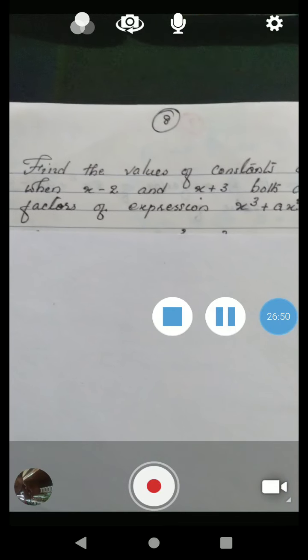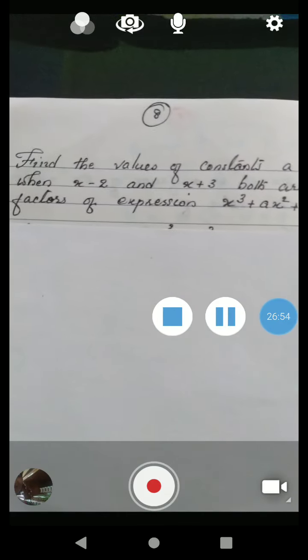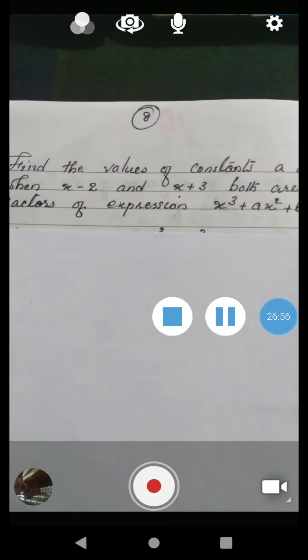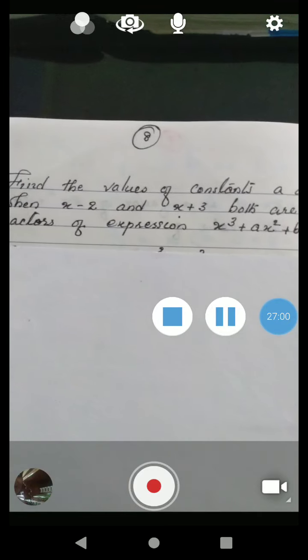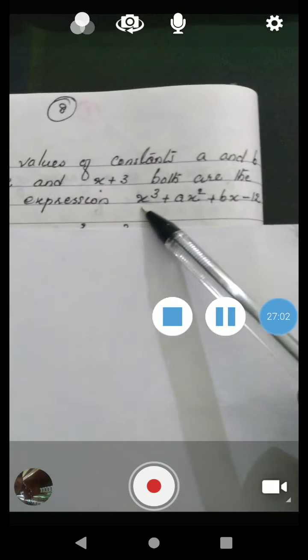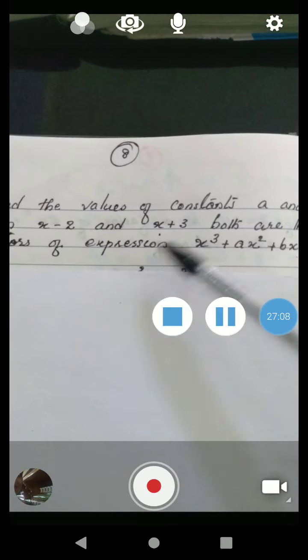Now fifth one. Find the value of constants a and b when x minus 2 and x plus 3 both are the factors of this expression. So we can see here two factors. X minus 2 is a factor. At the same time, x plus 3 is another factor.